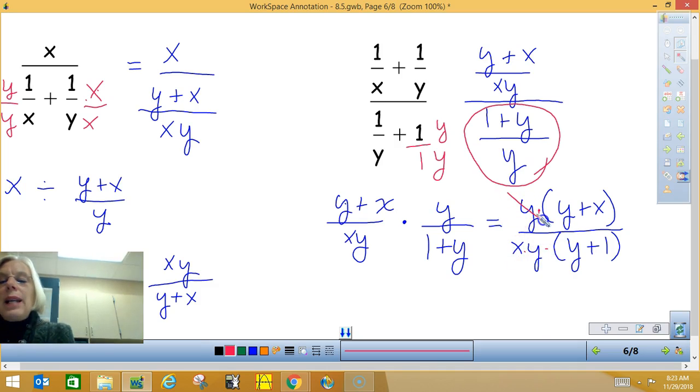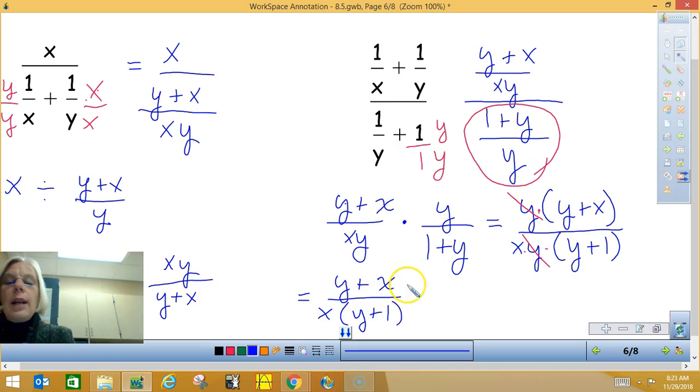So that means I can cancel that y. So my final answer, my simplified form, is y plus x over x times y plus 1. Now, this x in the numerator is attached by addition, so you cannot cancel.